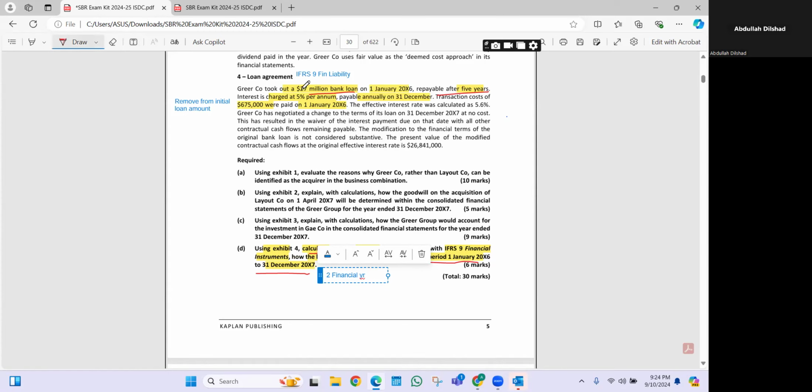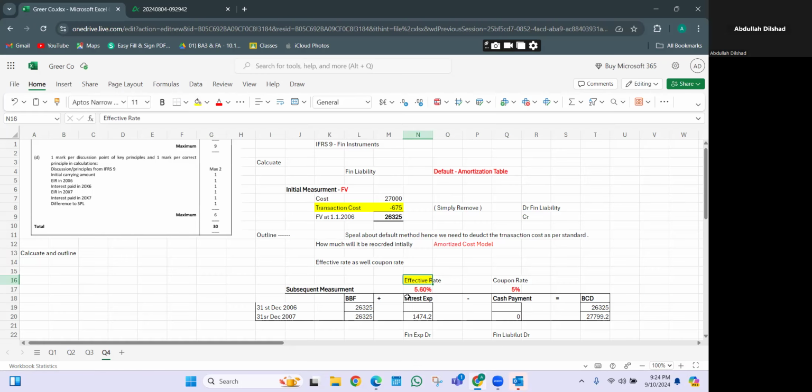Okay, here it is. Effective rate for the year is 5.6%, right? So you all know the loan that was obtained was 26,325. It had a fair value on 31st December as 26,325 before any adjustments. Now we are going to make some further adjustments, which would be interest expense, right?